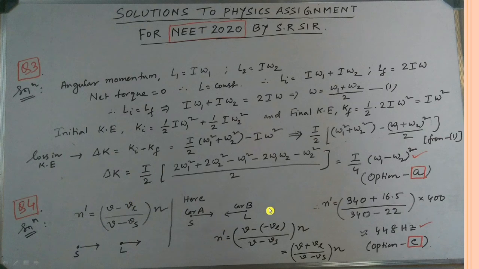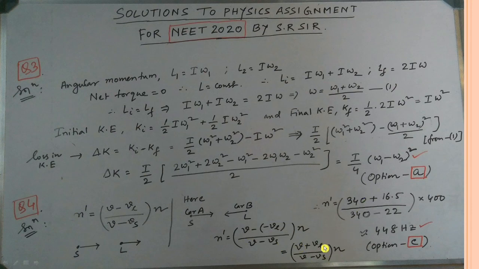So the formula for our sum is n prime equals (v minus of minus vl), due to this reversing of direction towards the source, divided by (v minus vs), into n. The source term remains unaltered. So it is (v plus vl) by (v minus vs) into n.